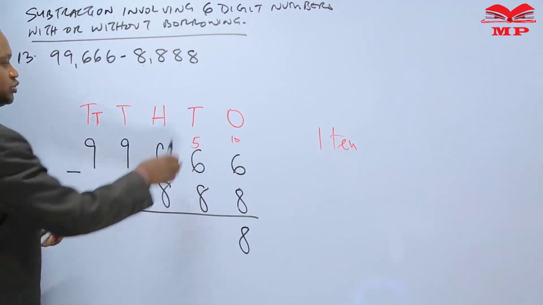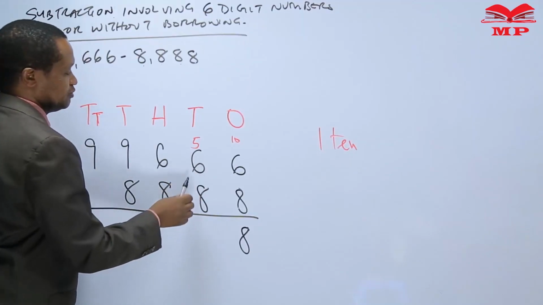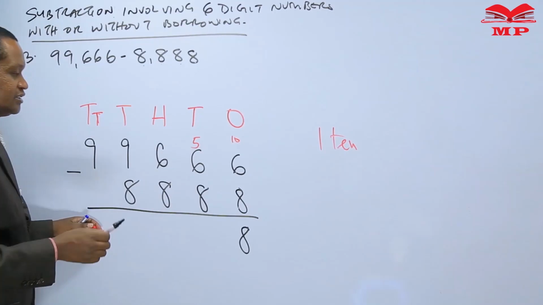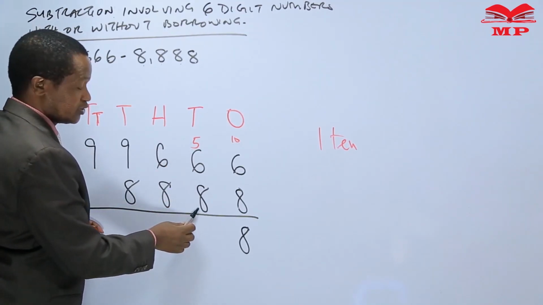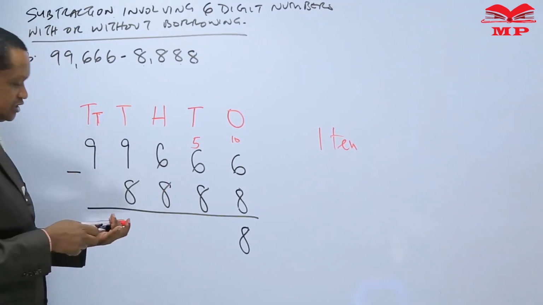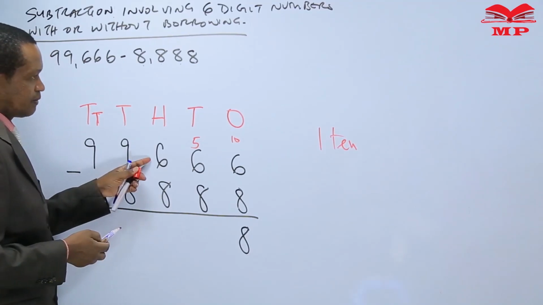We now come to the tens. After borrowing 1 here from 6, we remained with the 5 tens. Okay, this 5 is less than this 8, so we cannot subtract. We have to borrow from the hundreds. So we will borrow 100.